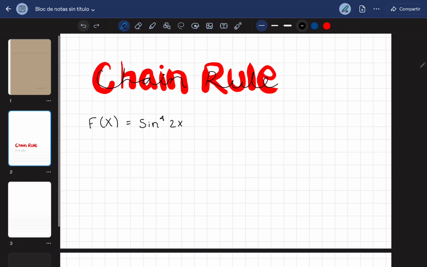So, remember this goes here in the middle, but this is part of the sine because it's its angle. So this form, you can also write it like this.